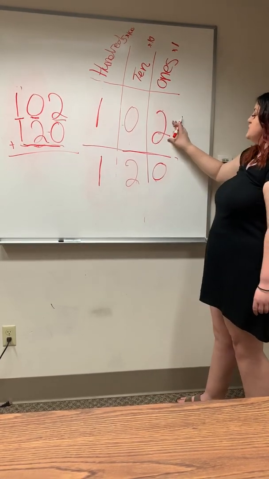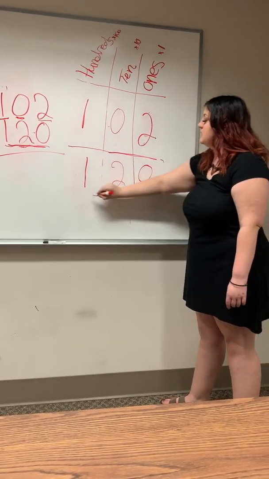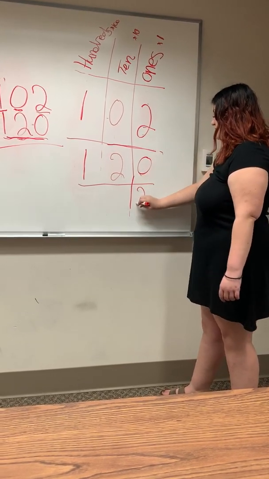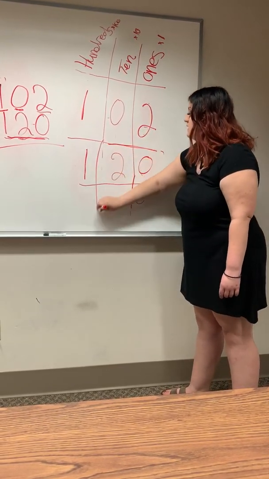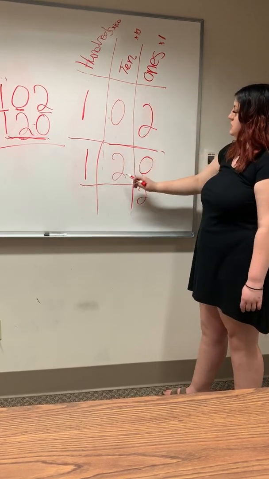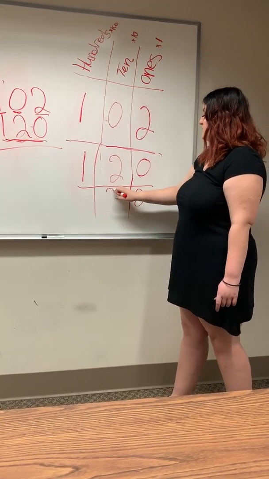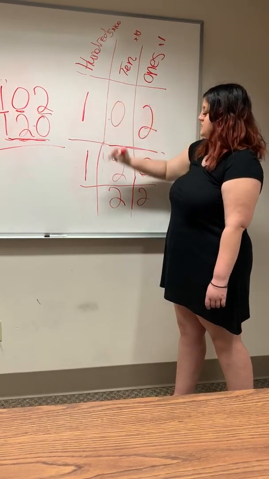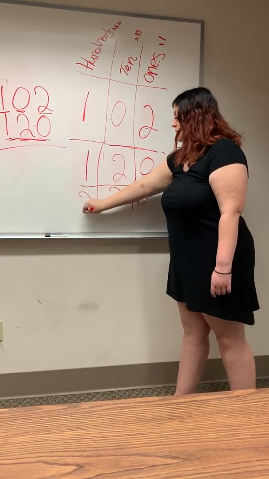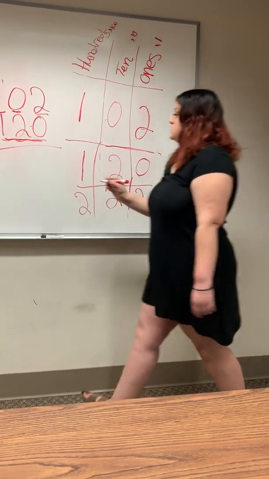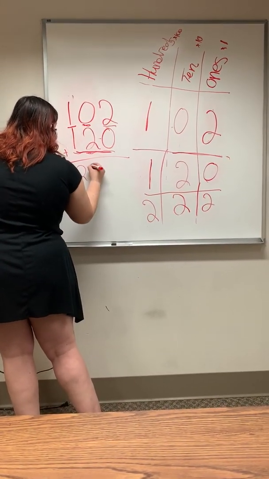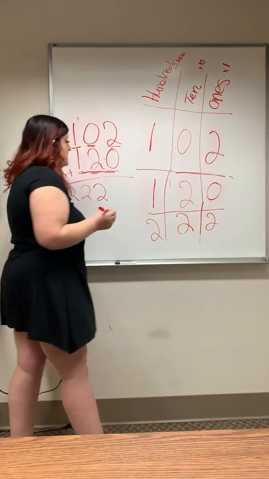Ones. So we have 2 plus 0 equals a 2 in the ones spot. And then we go 0 plus 2, so we know a 2 in the tens spot. And then the hundreds, we see 1 plus 1 is a 2 in the hundreds spot. So we get 222 as our final answer.